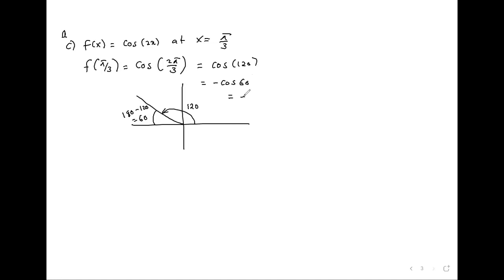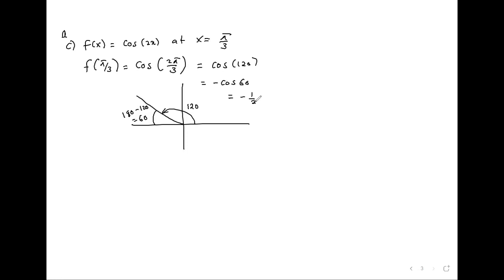What is cos 60? Cos 60 is half. I don't know if I'm correct. Yeah, cos 60 is half. Good. So that is negative half.